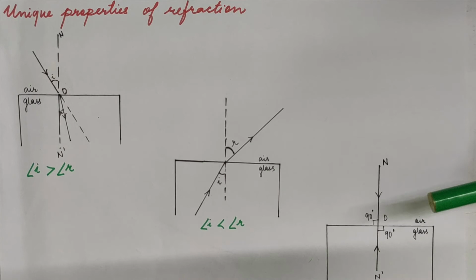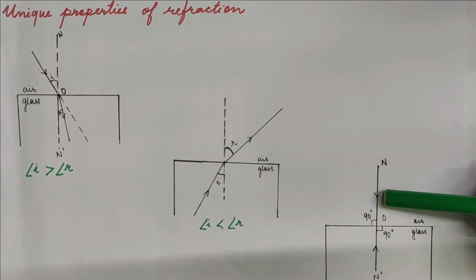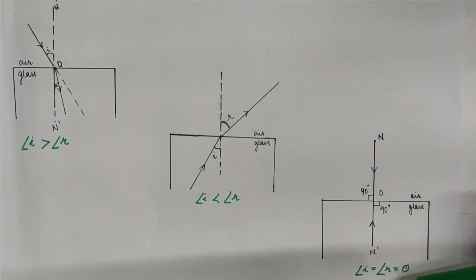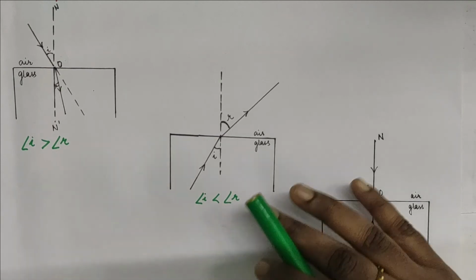So in this case, what is happening? Both the angle of incidence and angle of refraction will be 0, because they are not forming any angle with the normal. They have become equal to the normal. So if there is no angle being formed, the angle of incidence and the angle of refraction are going to be 0. These are the principles or unique properties that you need to remember.